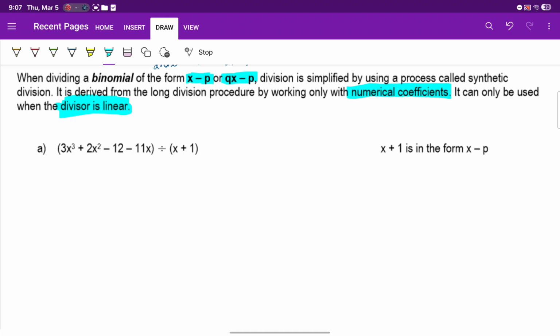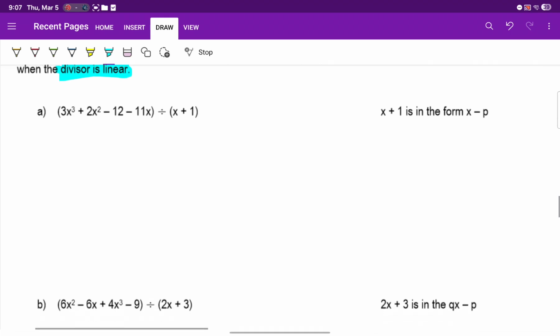So let's look at some examples. In this first one, we have x plus 1, so we're dividing by x plus 1. The very first thing we need to do, and I'm going to do this over on the side here, is determine p. It says x plus 1 is in the form x minus p.